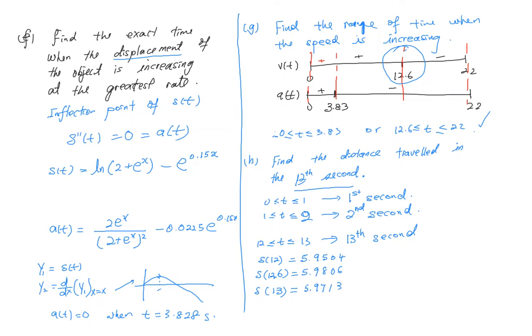So look, that means it goes like that. From here, 5.95. It moves to here, then it moves back to here.